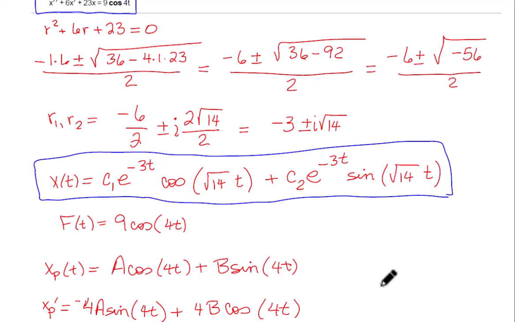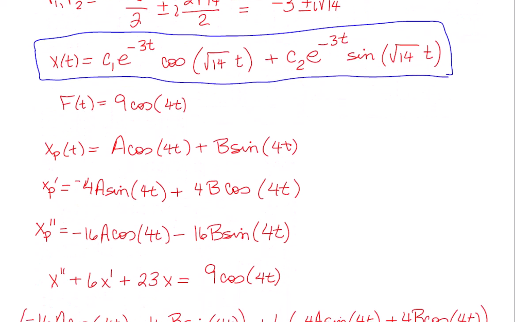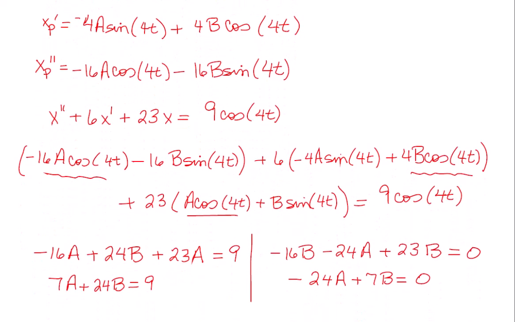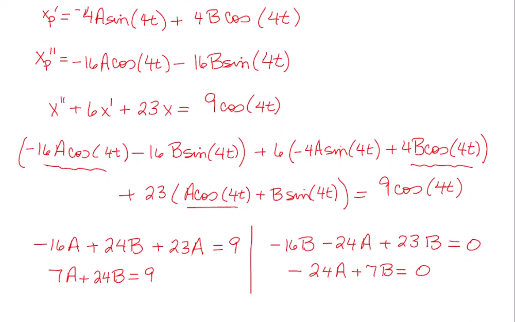I find x prime, I find x double prime. Plug everything in as we've done previously, and now it's a question of matching up coefficients. So you look at all the cosine stuff, cosine in a couple places, and you look at the right-hand side, and so when you do all that, you get this relationship.